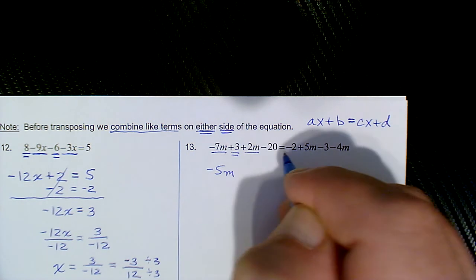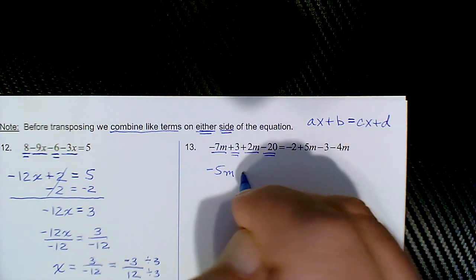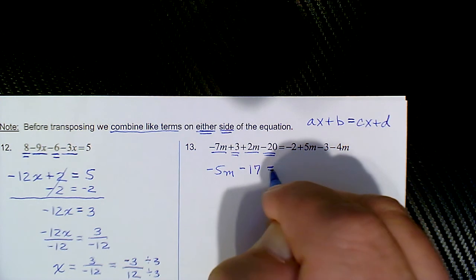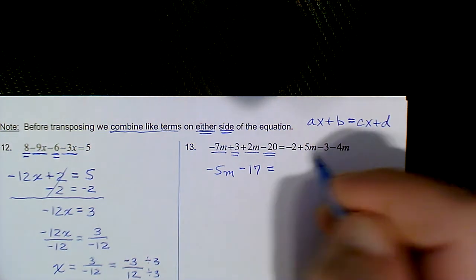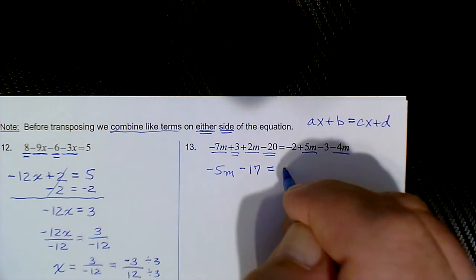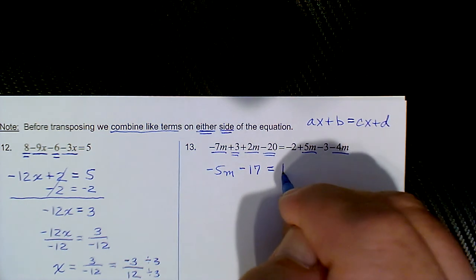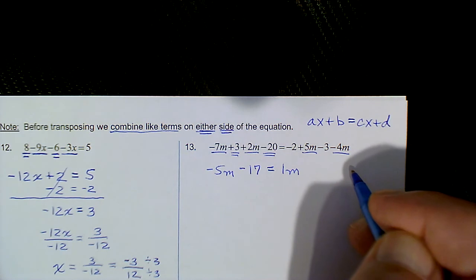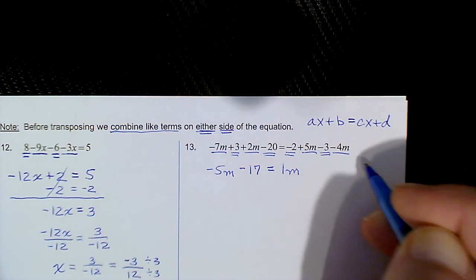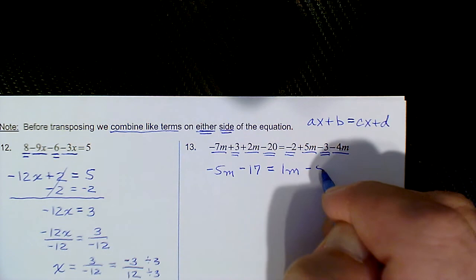Combine the constants, a +3 and a -20, combine to give -17. That takes care of that side. On the right side, 5m minus 4m are like terms. That's 1m, or just simply m. And then the -2 and the -3 combine to give -5.